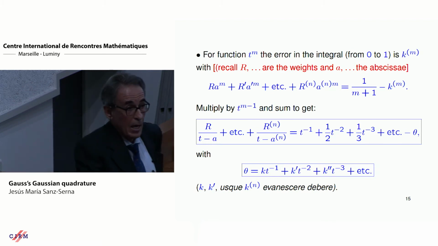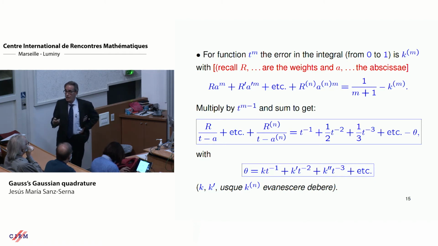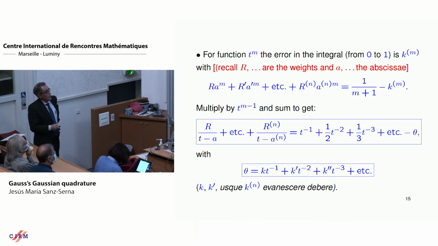And this slide is very important because even though Gauss doesn't explain anything, he just shows things, trying to impress you that he's very clever, but he never explains his reasons or his arguments. This formula is really the most important thing in the memoir. What he does is go from sequences of numbers, say km, the quadrature error, and then make what we could call a Z transform or a generating function.